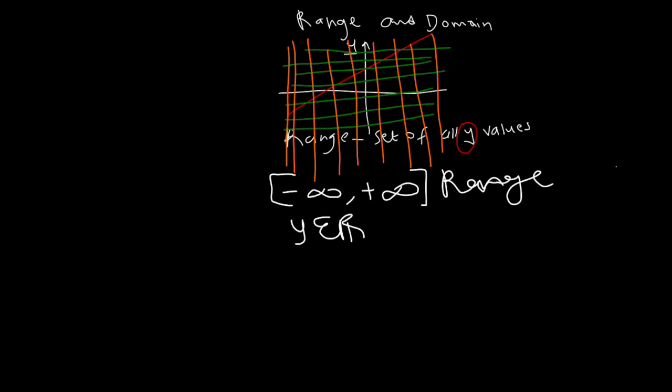This tells us that the same answer holds for the domain. The domain is from negative infinity to positive infinity, or we can write it as x is an element of all real numbers.